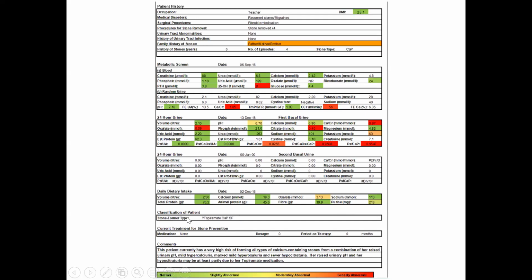The classification of the patient includes the risk factors, and the probability scores are in the table, along with the medication history. After analysis of all those results, we add a comment on what risk factors the patient has and what the patient should improve to prevent further recurrence.